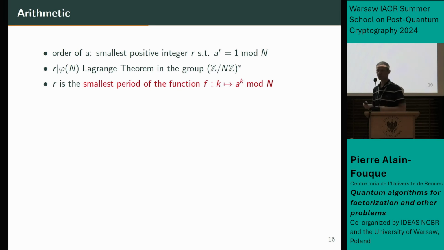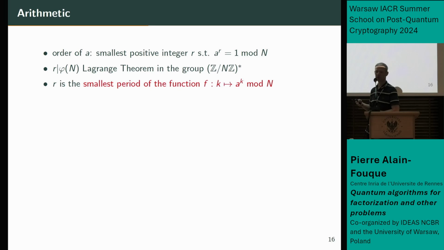Okay? But now, if I look at the powers of a, they form some subgroup of Z over nZ star. And for this cyclic group, Lagrange's theorem says that the order of the subgroup divides the order of the group. And that's the reason why r is a divisor of phi of n.